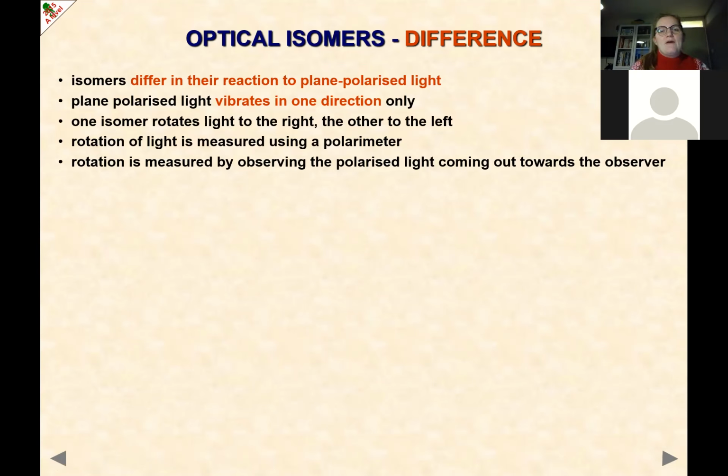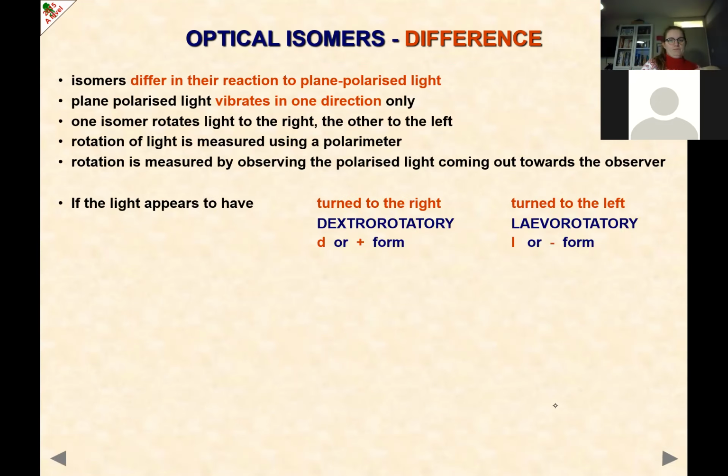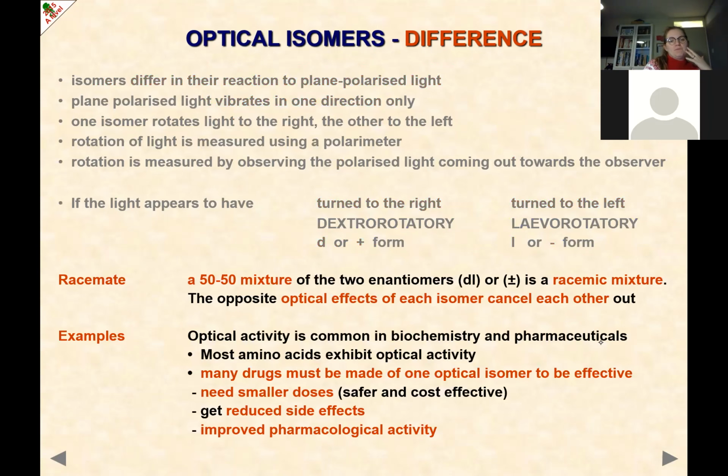Rotation of light is measured using a polarimeter, by observing the polarized light coming out towards the observer. If the light appears to have turned to the right, that would be the D isomer, the dextrorotatory or positive isomer. If the light appears to have turned to the left, it's the laevorotatory, or L, or negative form of the isomer.